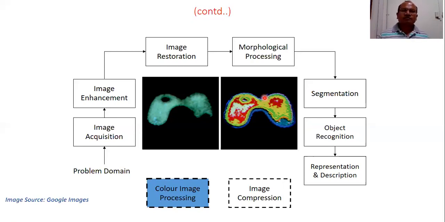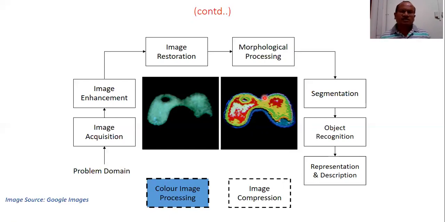Object recognition is the component of image processing in which certain objects are recognized on the basis of characteristics or parameters or properties of those objects. The object may be a living object, the object may be a non-living object. So it includes biometrics, face recognition, iris matching, fingerprint matching. All these are part of object recognition.